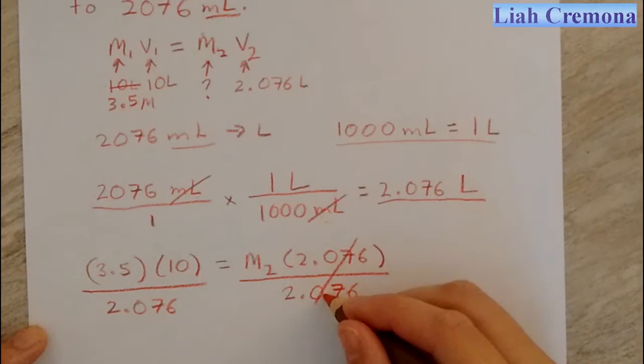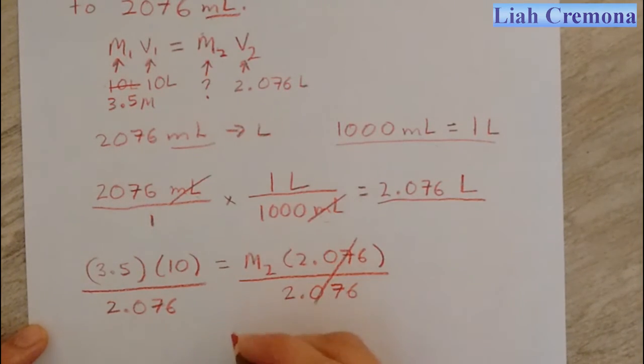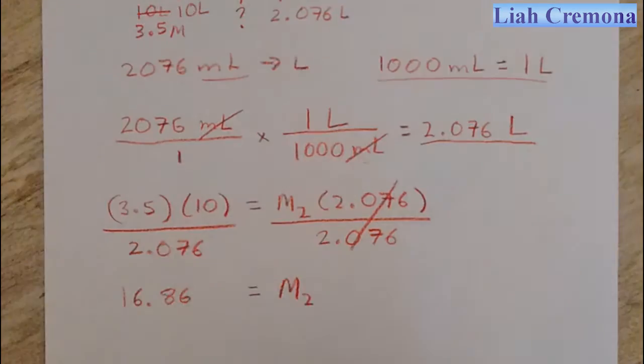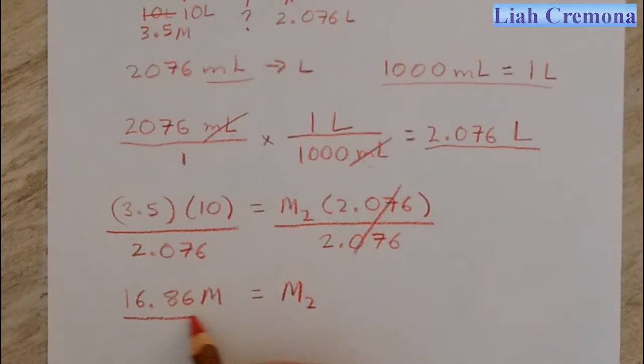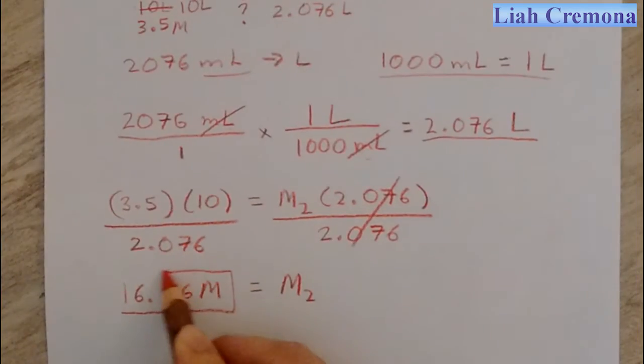Now this cancels out, and I'm left with M2 equal to 16.86. So the final concentration is this value.